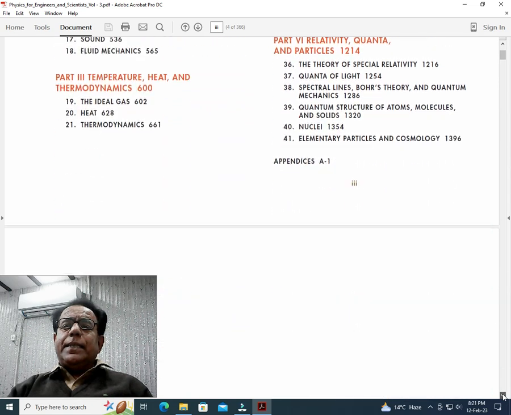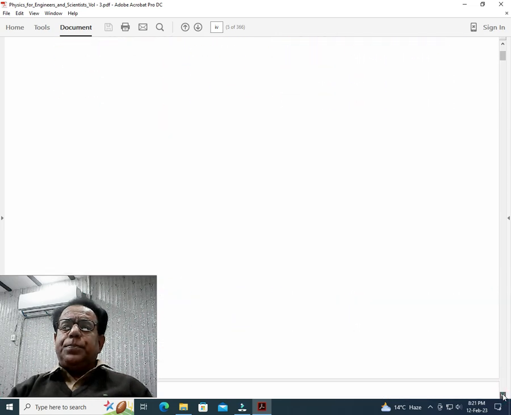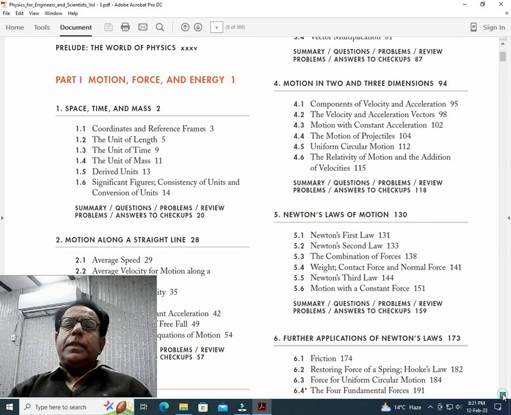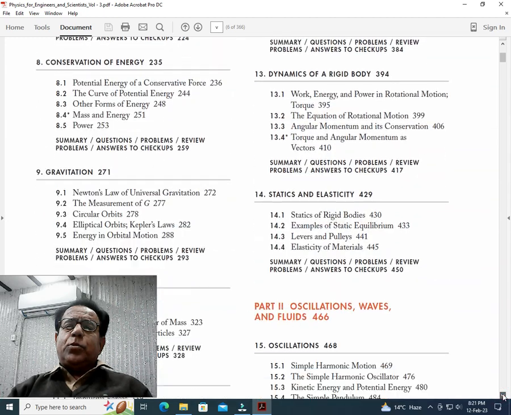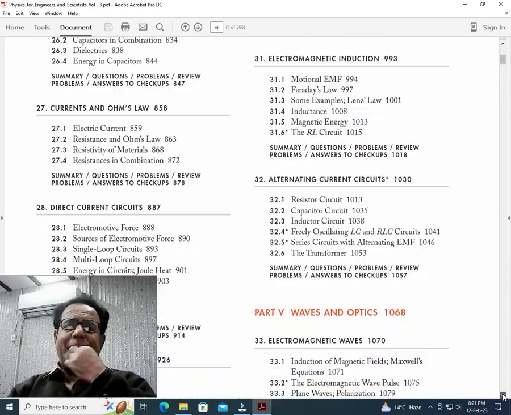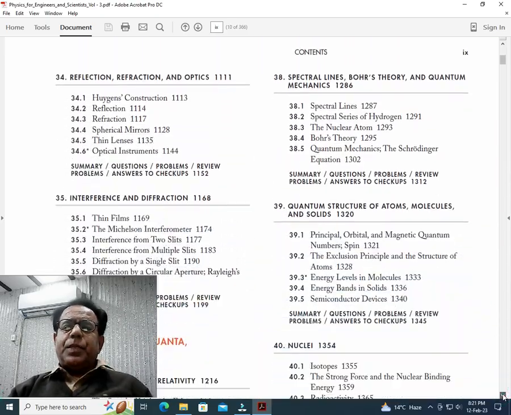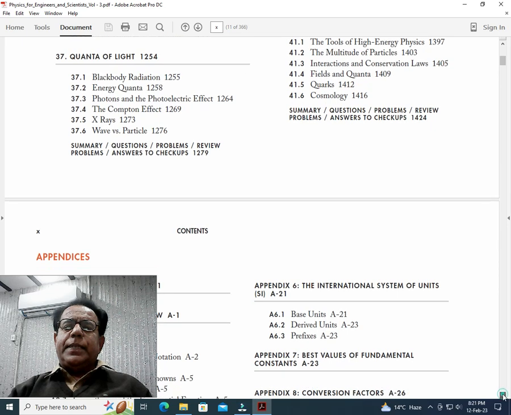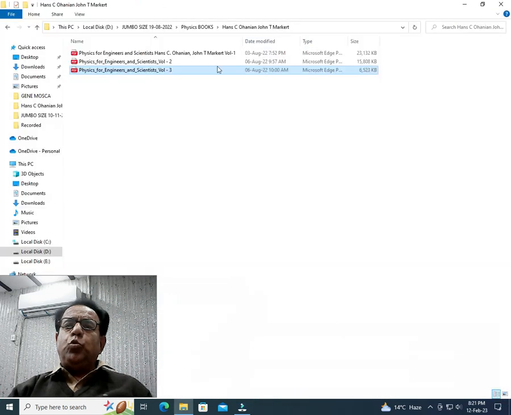These are the contents of this book. I think it is enough, and now we move to the next.